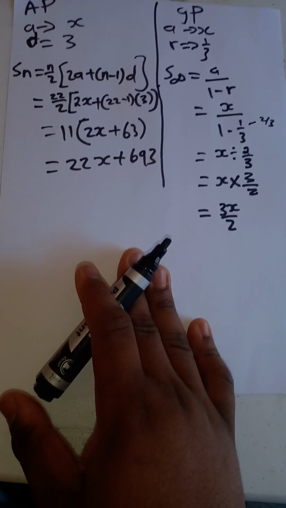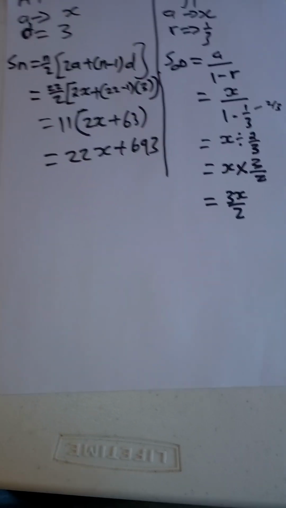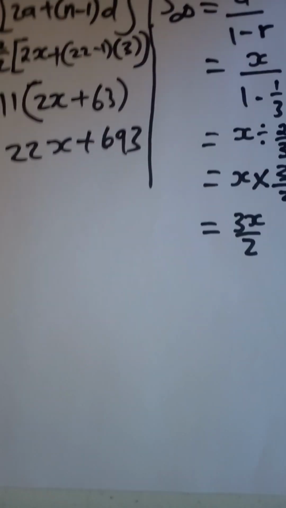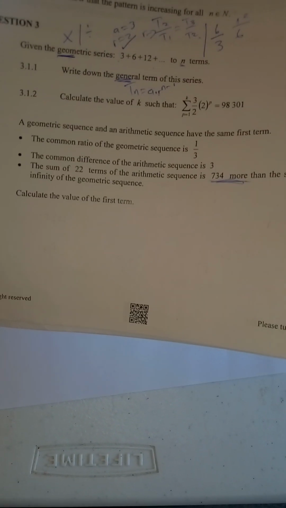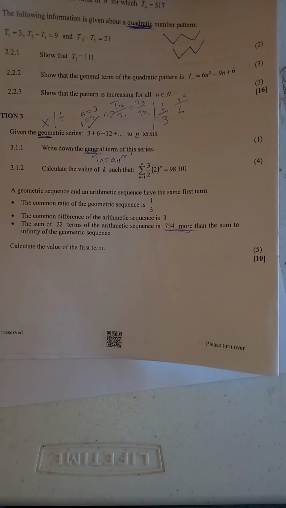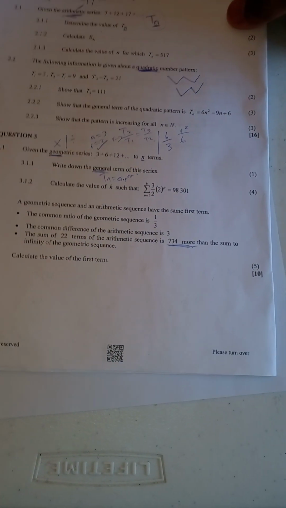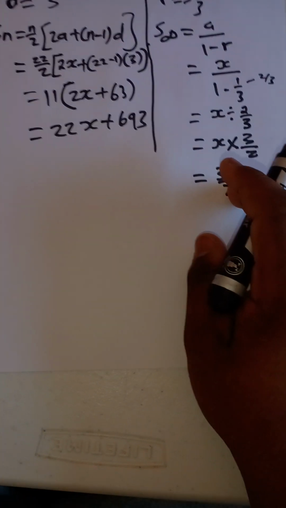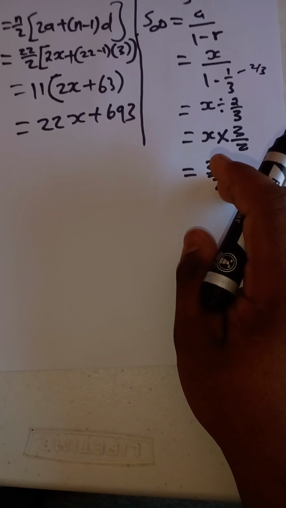And then now, we were told, let me check my statement. We were told the sum of 22 terms of the arithmetic pattern is 734 more than. So it simply means on the sum to infinity, we are going to add 734.